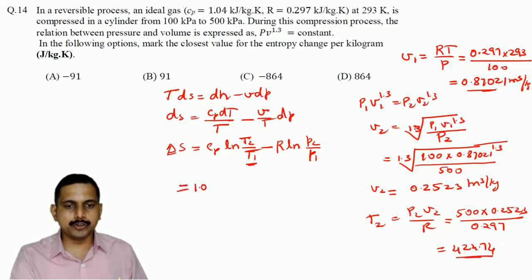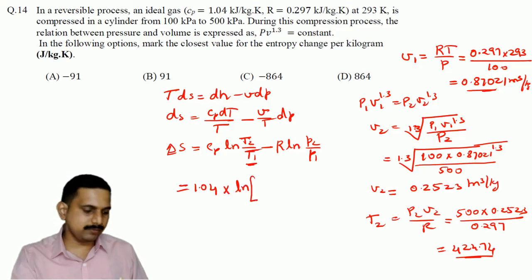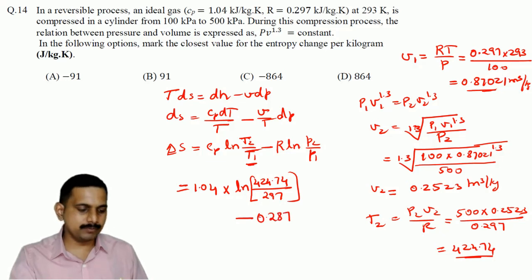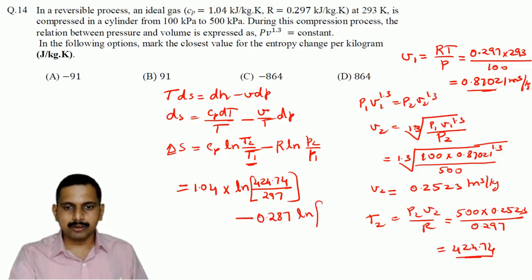Cp is given as 1.04, and then we have log of T2 by T1. T2 by T1 is 424.74 divided by T1, which is 293, and then minus we have 0.297 into log of 500 by 100.